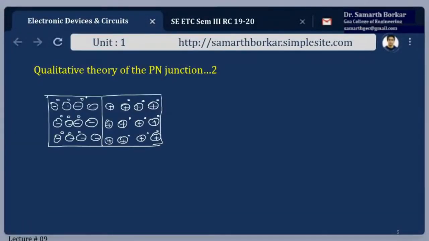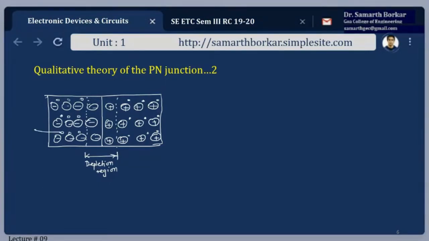Now in this region, purposely I have not shown the free carriers. This is what we mark as the depletion region. It is also referred to as the transition region or space charge region.